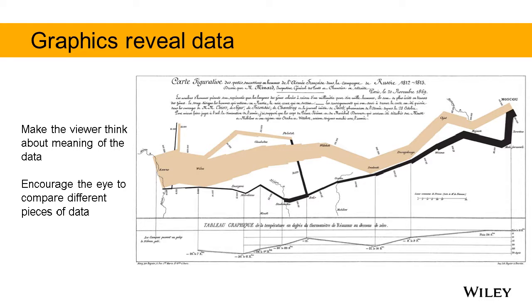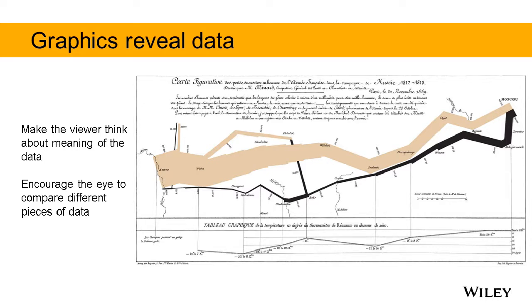Beginning on the left-hand side of the graphic, the army is large, and you can tell that by the width of this brown band. But as this army travels, the width of that bar shrinks, indicating the shrinking size of the army thanks to harsh weather conditions or disease. And you can also see offshoots of the army and their retreats depicted in black.